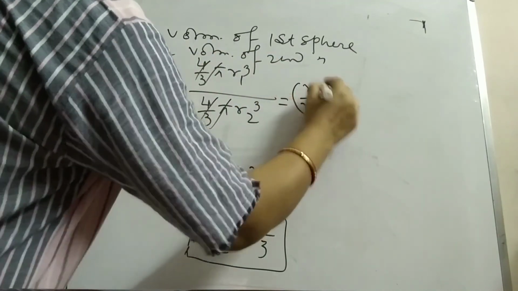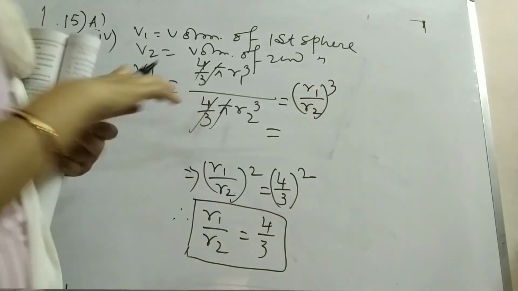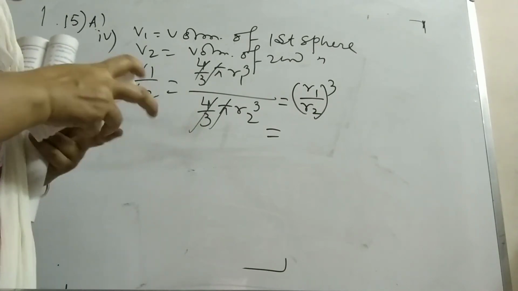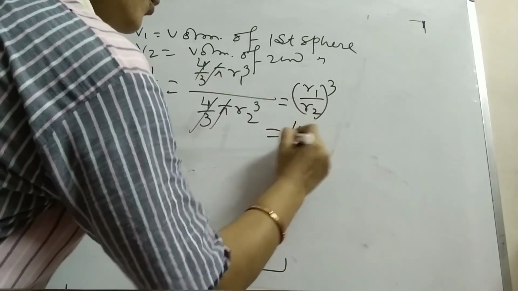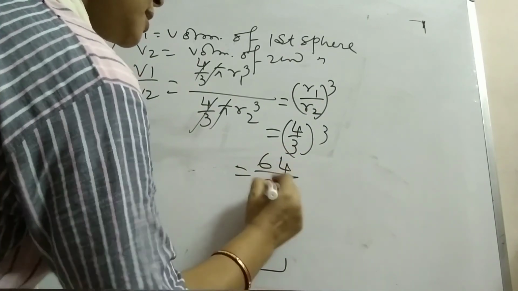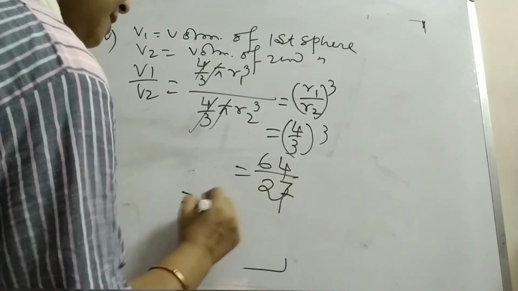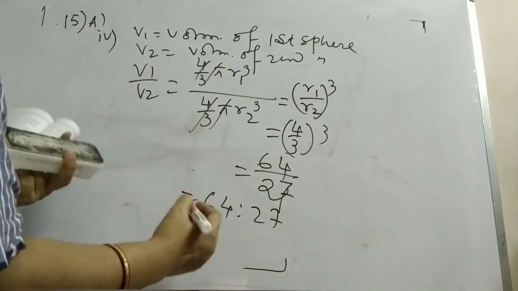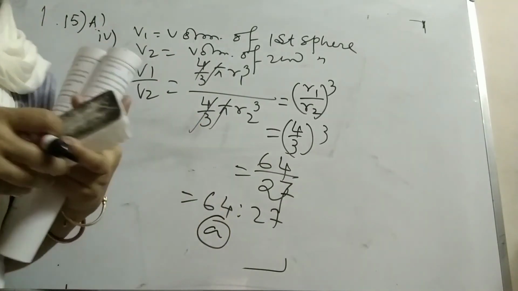R1 by R2 whole cube is equal to 4 by 3 whole cube, 64 by 27, that is 64:27. Answer A is correct.